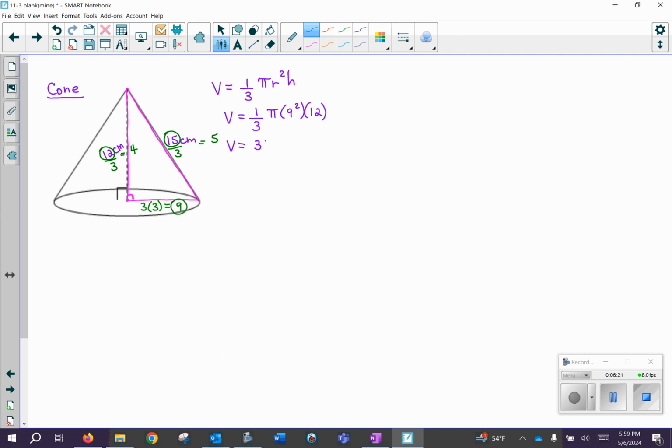That will give you 324 pi centimeters cubed. Take that number sitting on your calculator, multiply by pi, and the decimal answer would be 1017.88 centimeters cubed.